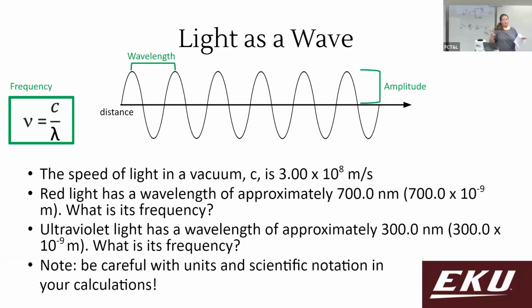I would split them up in their groups, and they're each going to get a question. So I have 2 groups here in my room today. One group is going to get question A. One group is going to get question B. The calculation that they're doing is exactly the same. They just have different wavelengths. Okay, one of you gets red light, one of you gets ultraviolet. And so what happens here is that the students are practicing the exact same skill, but they're going to have obviously different answers.